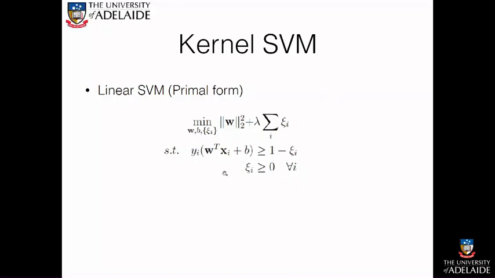If we really want to extend this primal form of linear SVM into the nonlinear case, we replace each data point xi by the transformed features, so it will be yi w transpose phi xi. Phi xi is the feature map, the projected features of the original data. Then we need to explicitly know how to calculate the feature map.